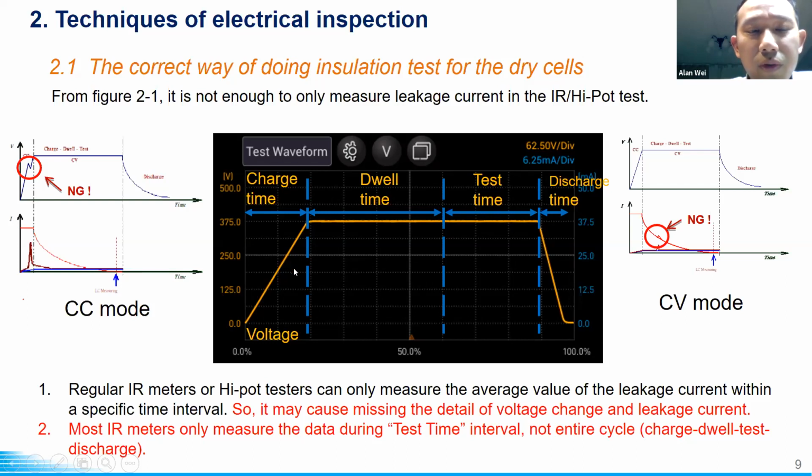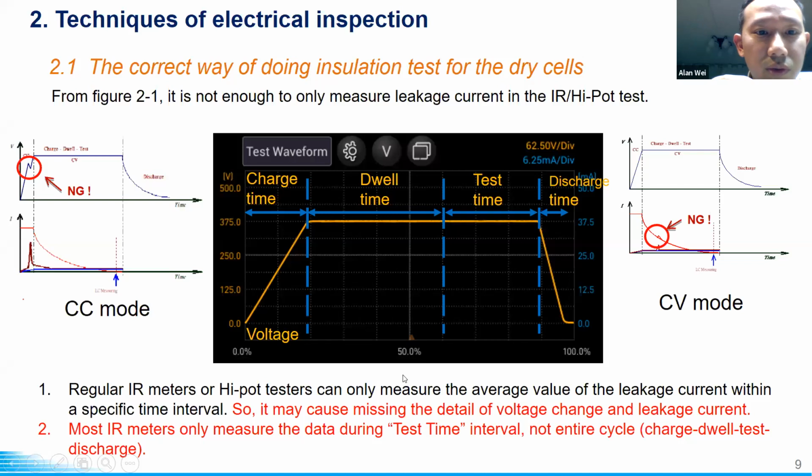People will think this kind of defect is not acceptable. However, they can do nothing, because the regular IR test only provides the test time to measure the value. Most IR meters only measure the data during the test time interval, not the entire cycle.